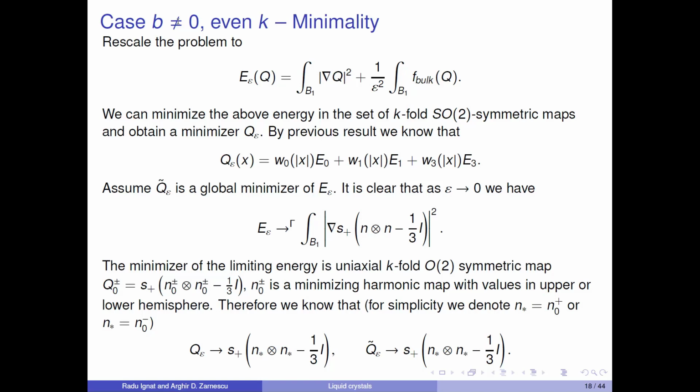And if K is even, the minimizer that you approach through, say, gamma convergence will be something of this form, modulo topological issues.